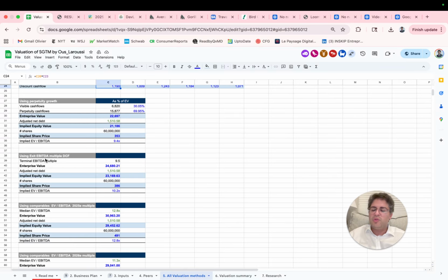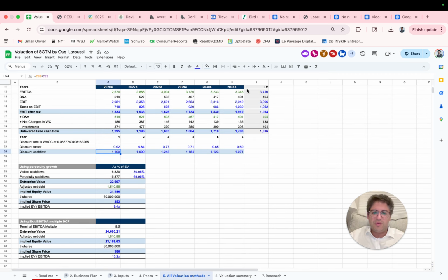And then I can also use an exit EBITDA multiple, which is similar to a DCF. It combines DCF, but it also combines multiples. So this one only tells me that at this horizon here, after 2031, I want to apply an exit EBITDA multiple through which I'm going to value the company.